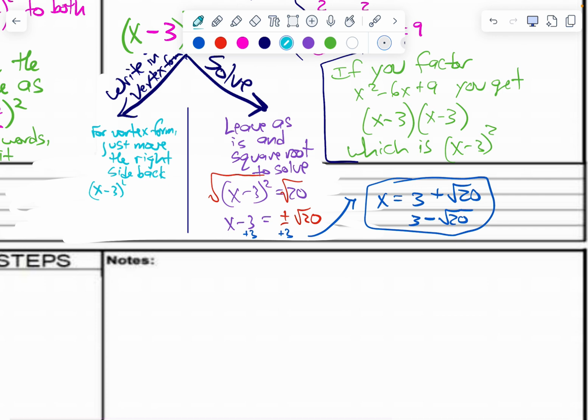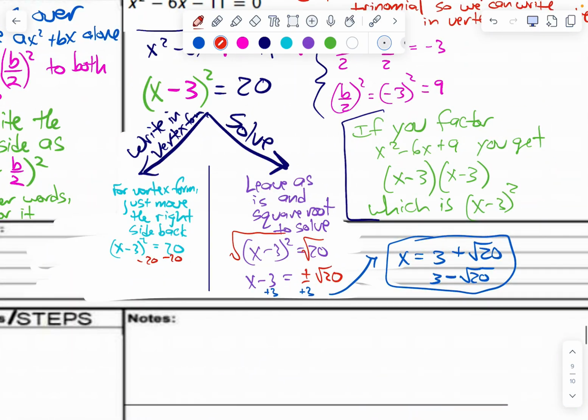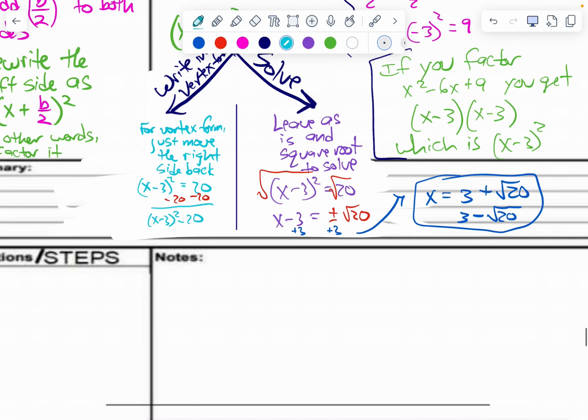X minus 3 whole thing squared equals 20. And we'll just subtract 20 from both sides. And you guys, this is cool because I think you're going to pick up on this right away. Where's your vertex? 3, negative 20. Cool, right? So we just took standard form and wrote it in vertex form. So vertex is at 3, negative 20.